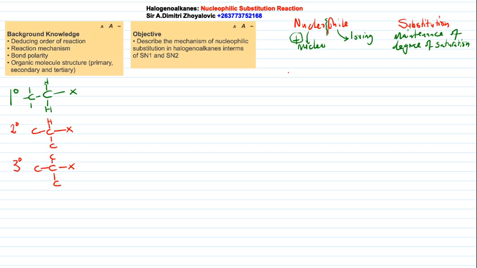Halogenoalkanes are able to undergo nucleophilic substitution because the halogen is more electronegative. So the carbon is electron deficient and the bond is polar.